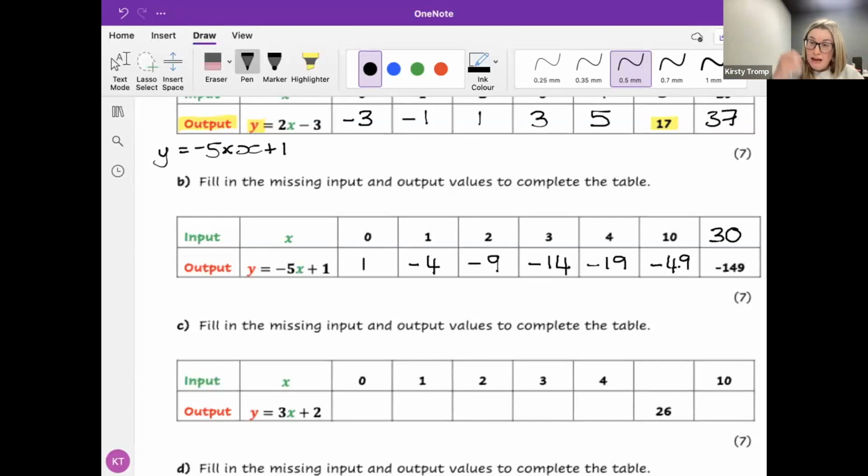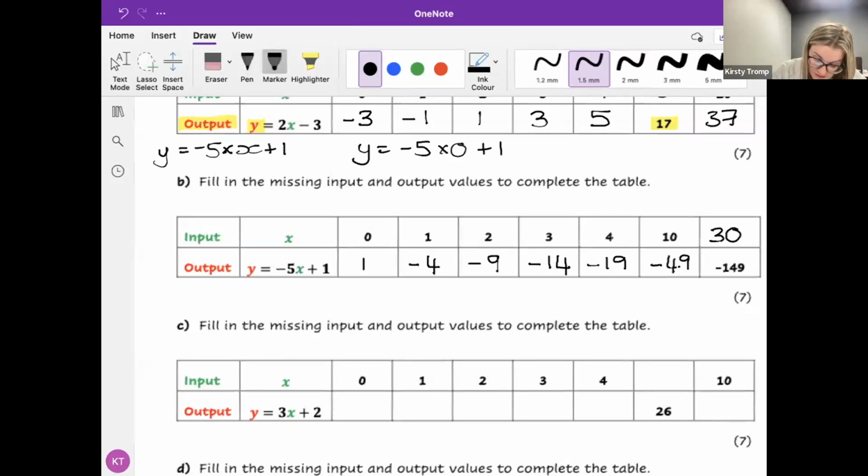Now instead of x for the first one, I'm going to say it's 0. So I've got y is equal to negative 5 times 0 plus 1. Well, we know anything times 0 gives me 0, okay? And 0 plus 1 is going to give me 1.